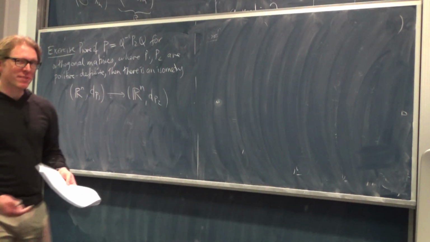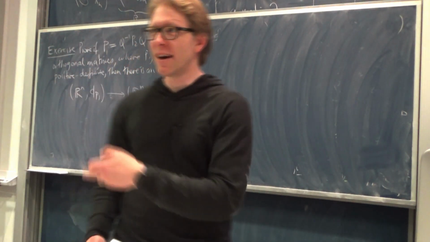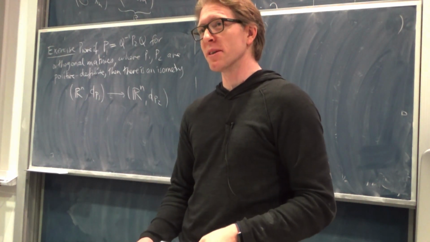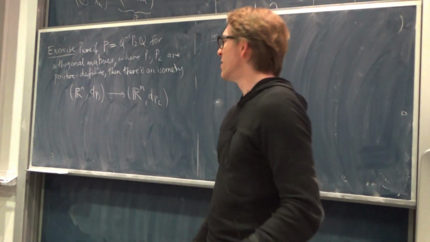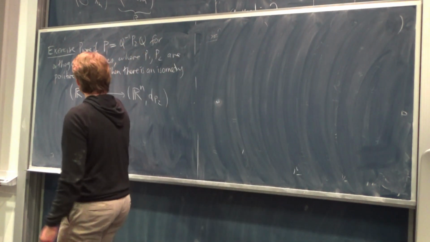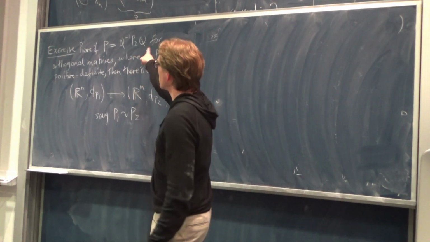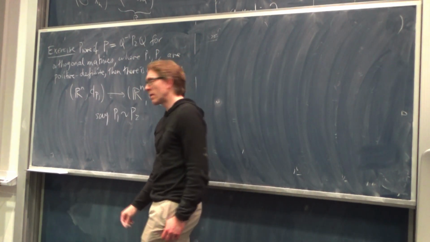Well, every real symmetric matrix is equivalent in this sense to a diagonal matrix with positive numbers on the diagonal. So in this case, let's say P1 is equivalent to P2, if such a Q exists.